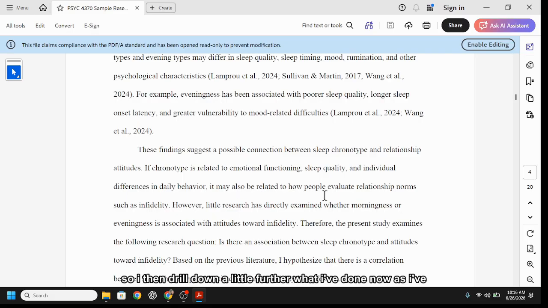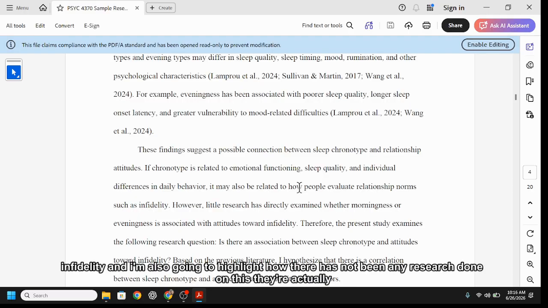So I then drill down a little further. What I've done now is I've talked about what infidelity is. I've talked about what sleep chronotype is. So now I want to push this together and tell why my study is important. So I tell my reader that there is a possible connection between chronotype and relationship attitudes. And if there is this relationship here, it could affect how people view infidelity.